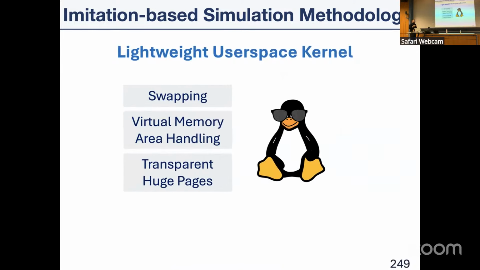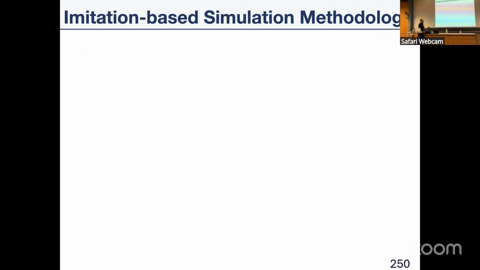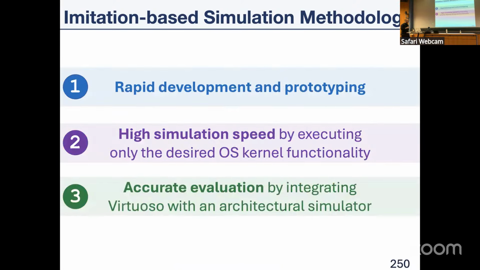We pack them all together and we construct a lightweight user space kernel that helps us simulate with much higher accuracy and lower development effort. So we can achieve rapid development and prototyping. We have high simulation speed because we execute only the operating system modules related to our research. And we accurately evaluate it by porting this lightweight user space kernel on top of an architectural simulator.